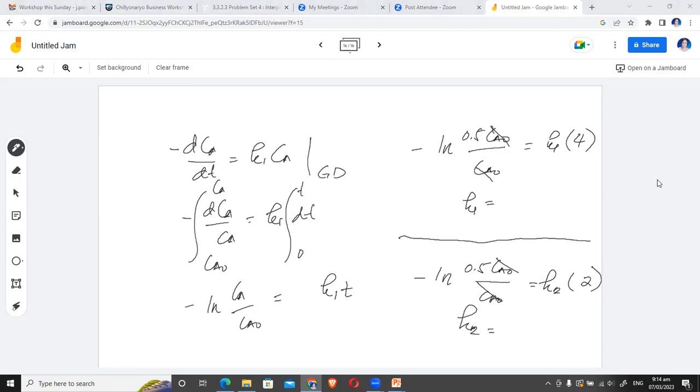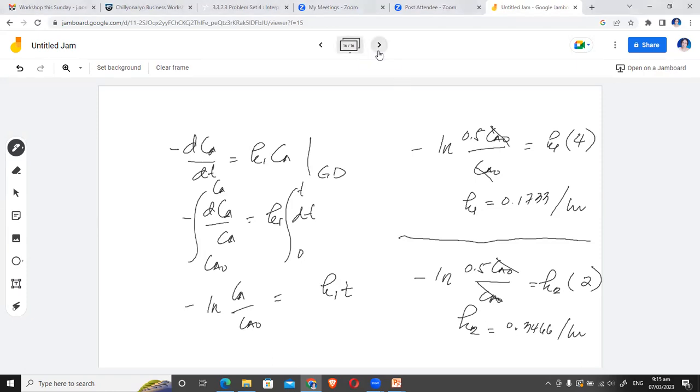Okay, what's our value for K1 and K2? 0.1733 per hour for K1, and K2 is 0.3466 per hour.